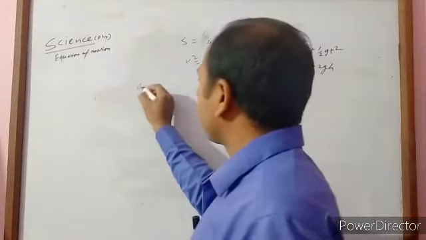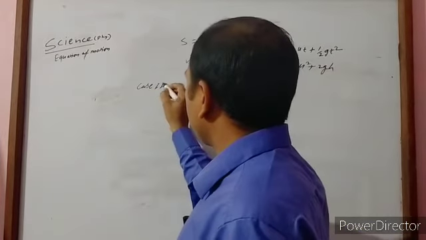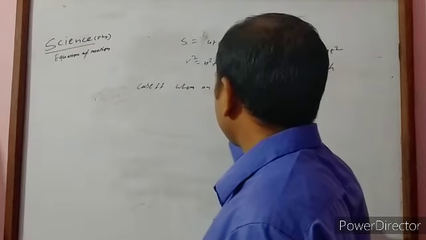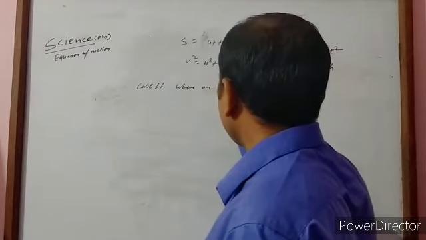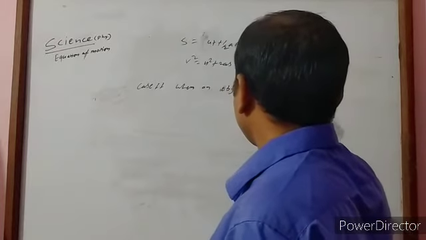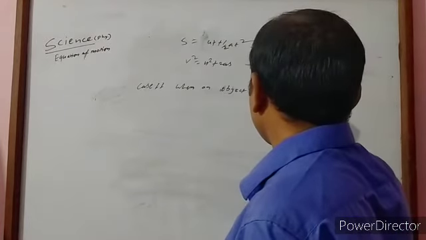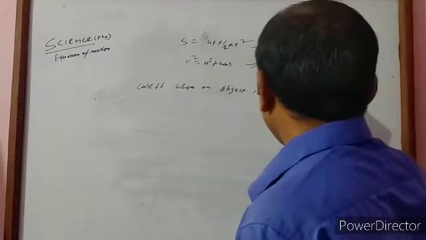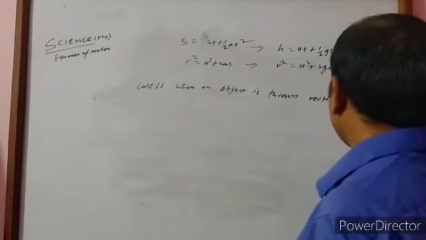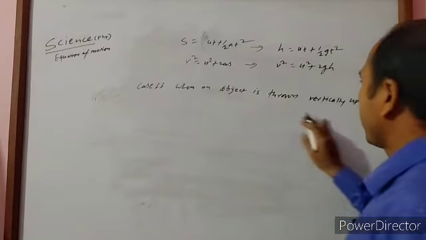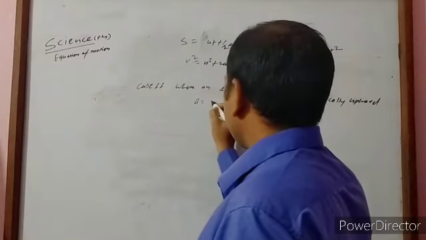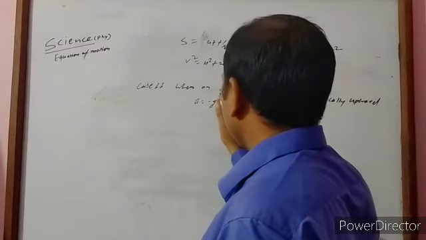In another case, case 2: when an object is thrown vertically upward, at that condition a becomes minus g.